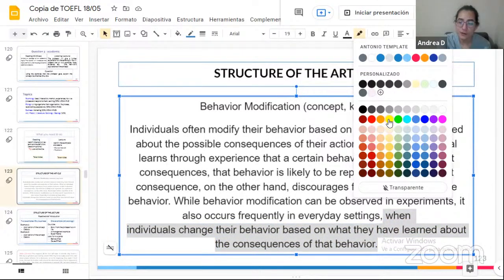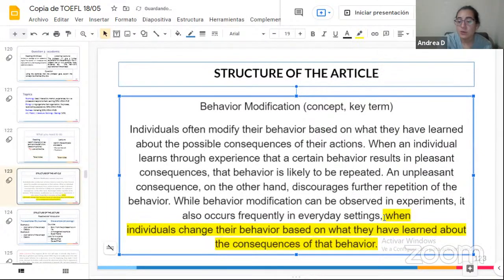Good, that's it, perfect. So you're right. It could be the final sentence maybe, or even the first one, or even this one here, when we learn through experience. So you have a lot of them. Sometimes you will have some red flags, like this is known as behavior modification, or this is called behavior modification, or this is defined as, or behavior modification is.